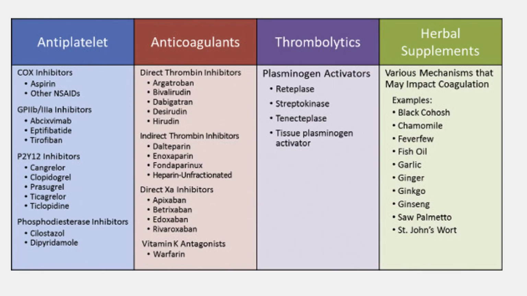So this slide is not for you to spend hours going through every drug. Okay, this slide is just to categorize what we've been talking about. So how can we impact someone's clotting ability? Well, we have antiplatelet drugs. They don't work on the coagulation system.